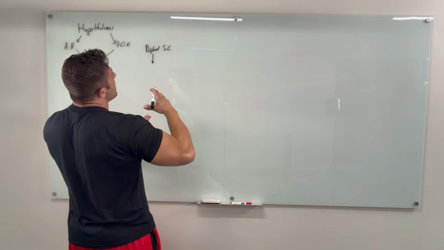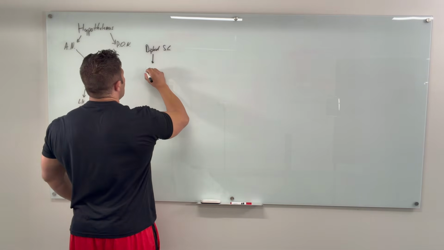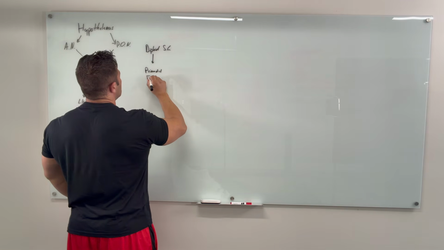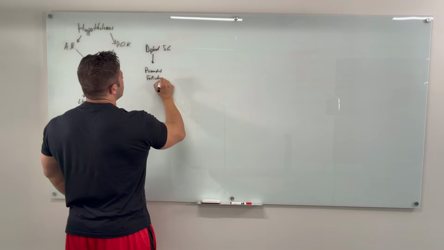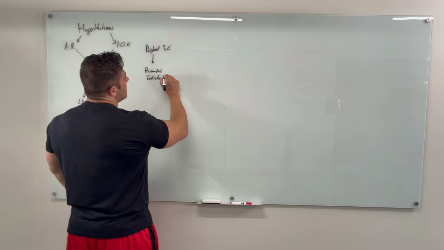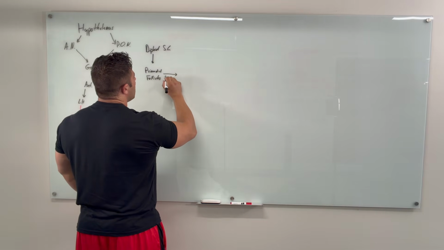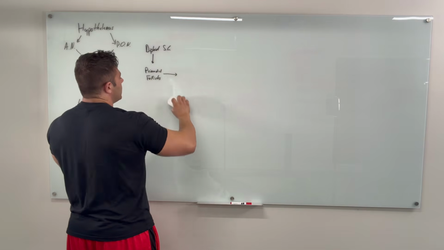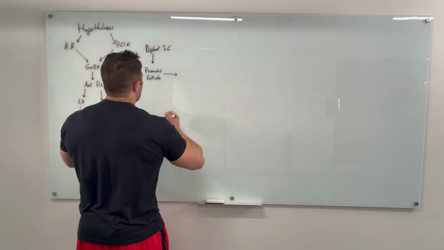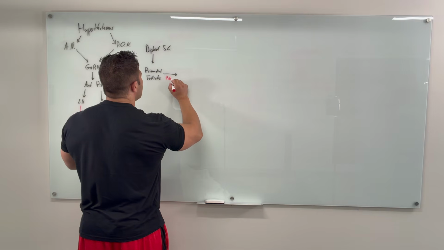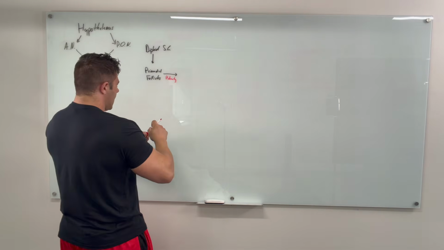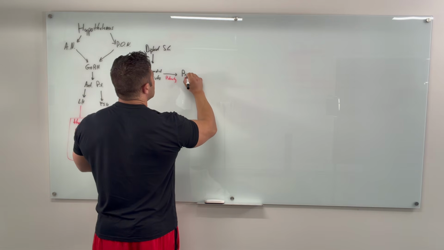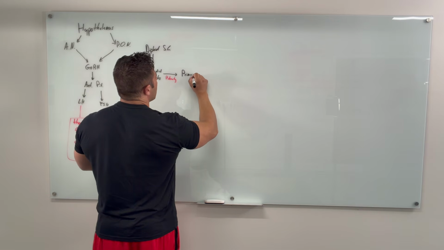Eventually you'll mature and you'll have puberty, and you're going to actually have what are called primordial follicles. Now, these primordial follicles are going to go through, once we hit puberty, which I'll put in red there, that is going to give us a primary follicle.